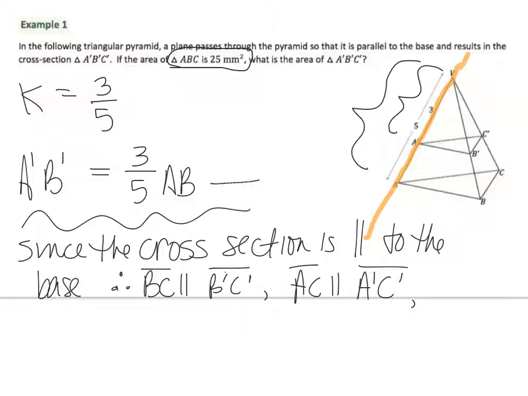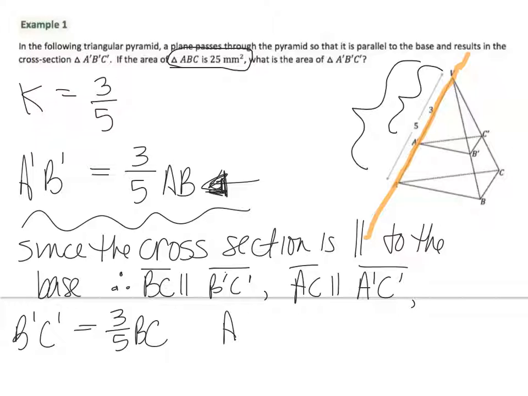And just like with A prime, B prime scale factor, I can do the same thing with BC. So my scale factor maps B to B prime and C to C prime. So I can say that B prime, C prime is equal to my scale factor times BC.